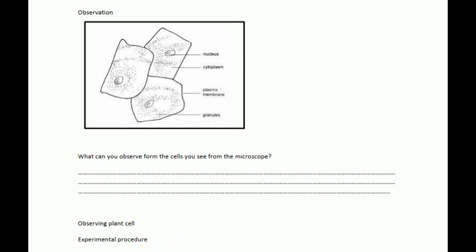Still we don't know what that structure is. You can see that the cells in the living animal do not have a proper shape. The shape can vary, right? That's one thing you can observe. And there's a small central structure you can see as a dot.